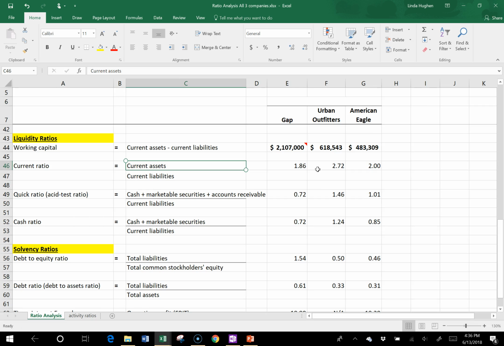So put that cash into more productive uses than sitting as cash or as inventory or as receivables. I'm not saying that Urban Outfitters is too high. There's no perfect number for it to be. But what we definitely can say by this is that GAP is the most risky, Urban Outfitters is the least risky, but none of them seem to show any signs of distress.